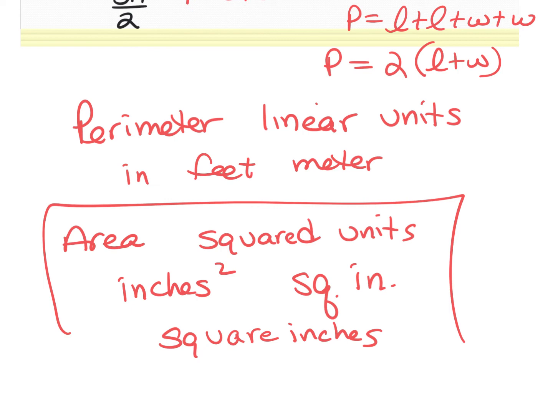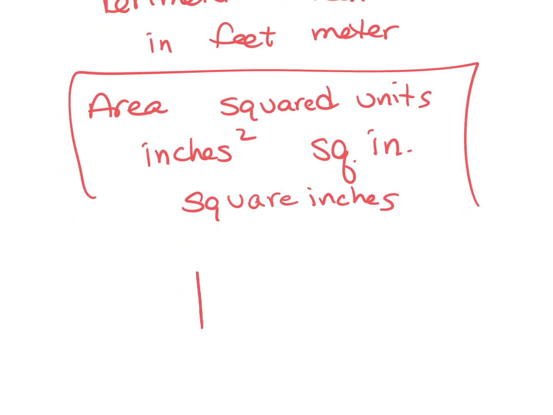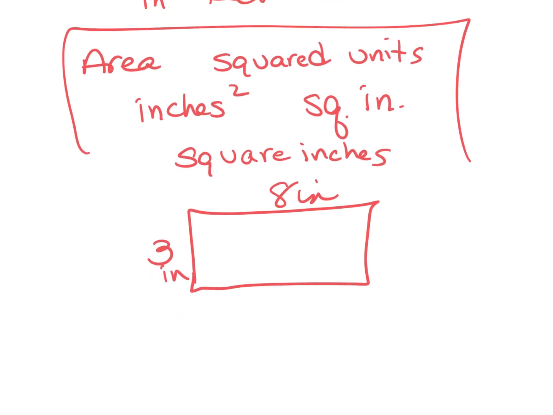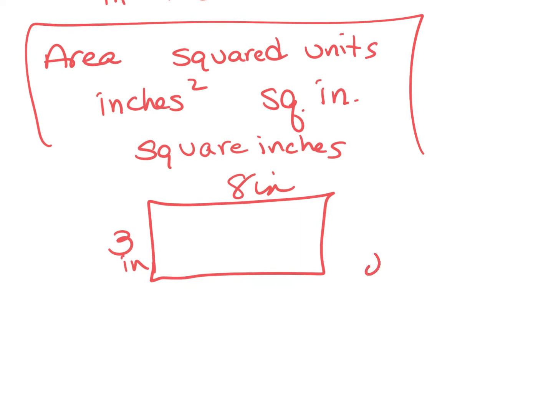If it's inches, you would label it as inches. So for example, if I gave you a rectangle, and I tell you it's a 3 by 8, and these are inches. If I ask you to find perimeter, we could use the formula up there.